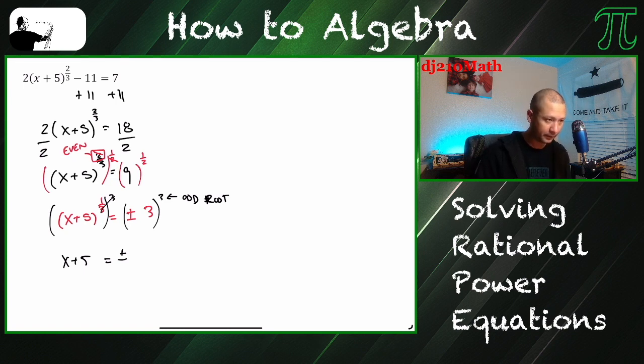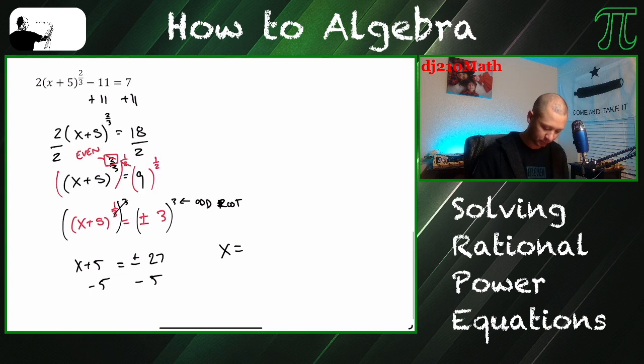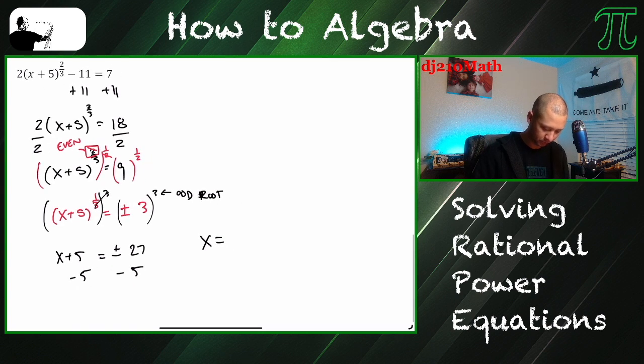And this is going to be 3 cubed, which is 27. Subtracting 5, we get x is equal to 27 minus 5, 22. And x is equal to negative 27 minus 5, which is negative 32.